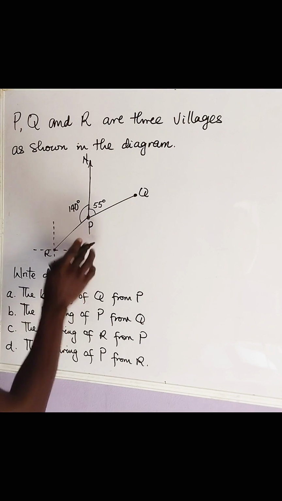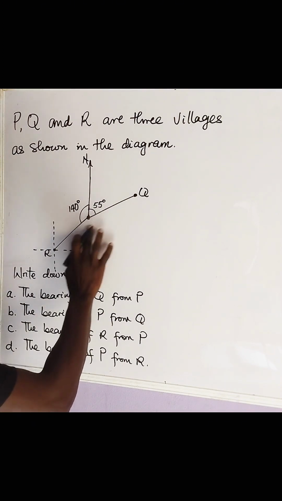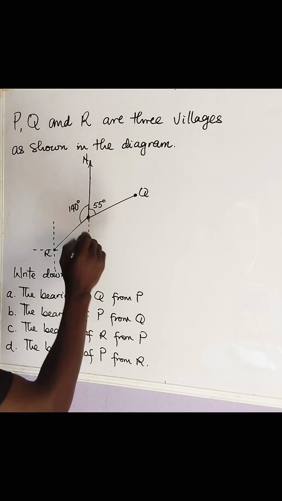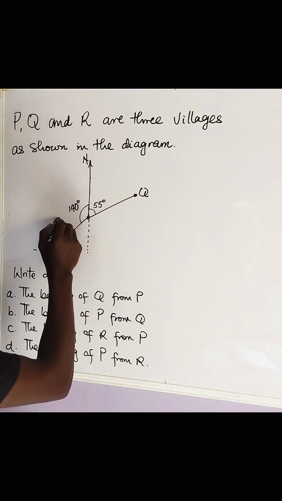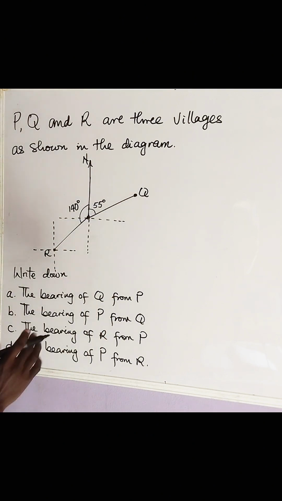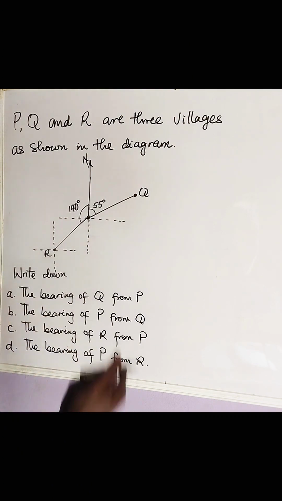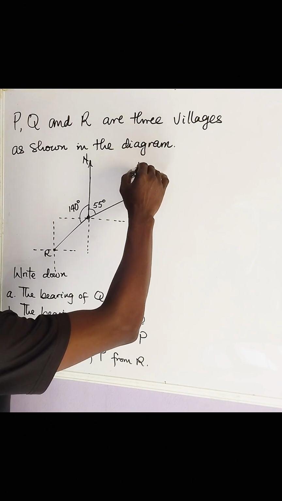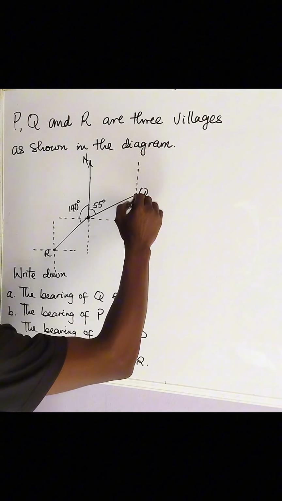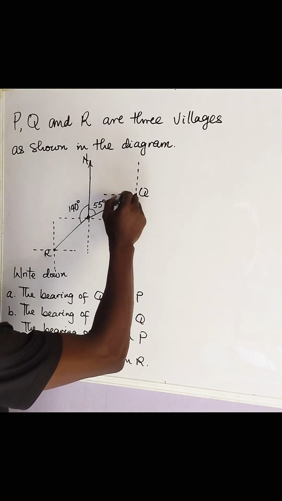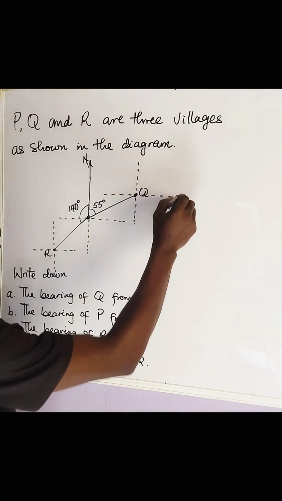Now our P is here. Let me just clean this and sketch this down, and make sure it's absolutely straight, although I'm using a free sketch drawing. So from here also just draw down and ensure it's straight.